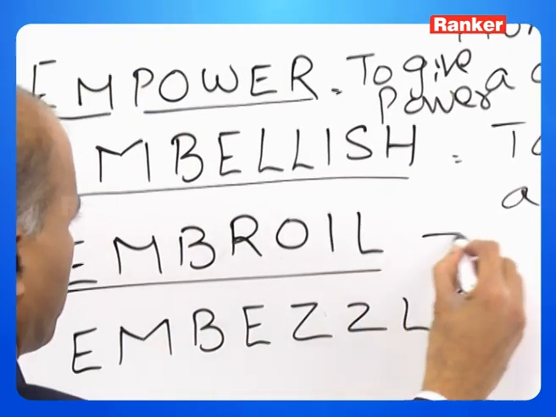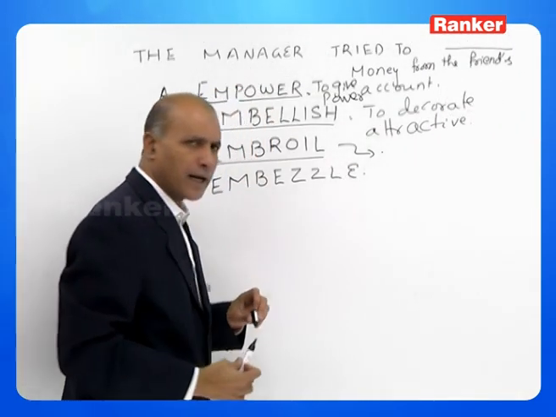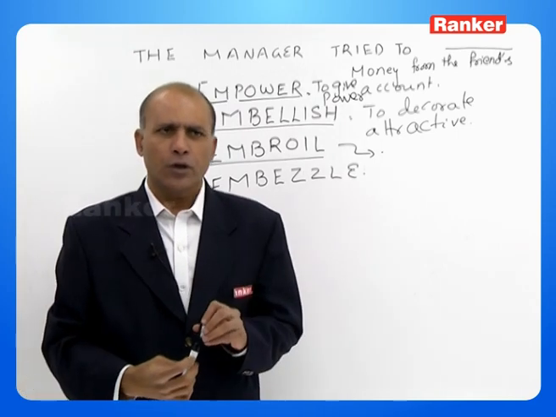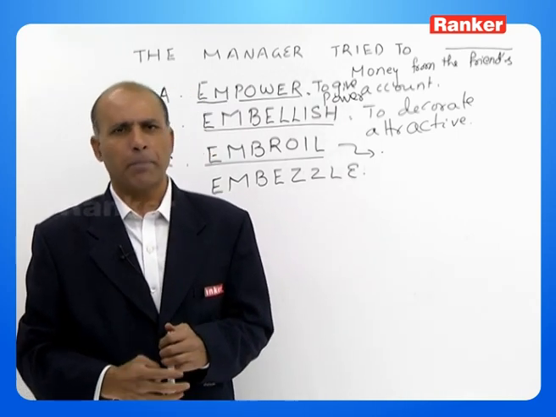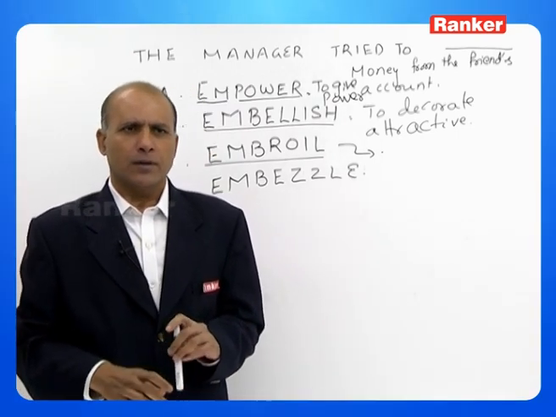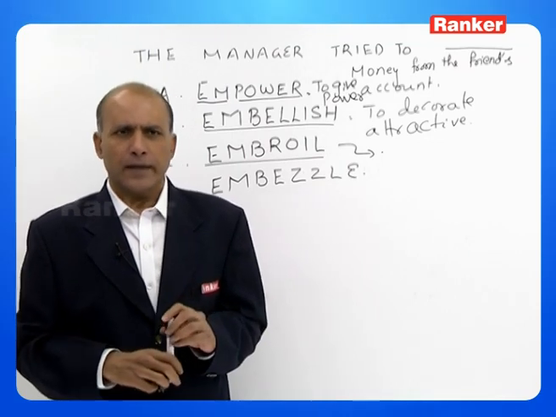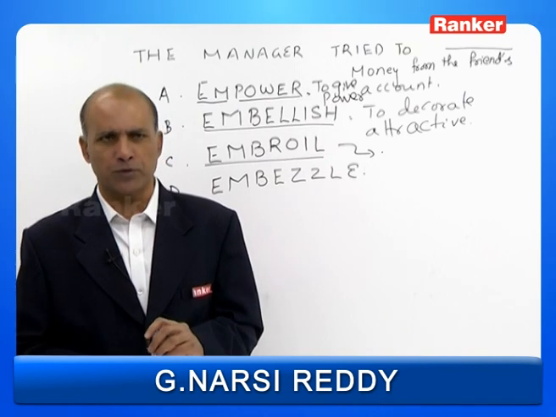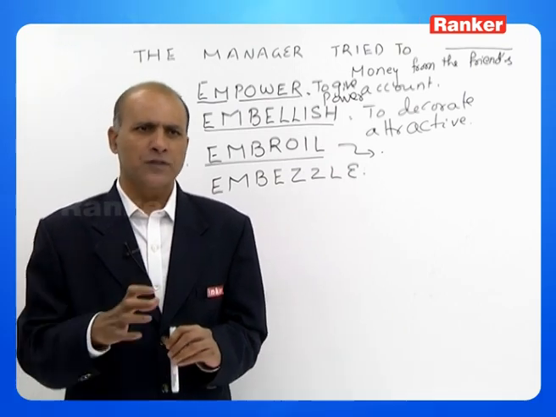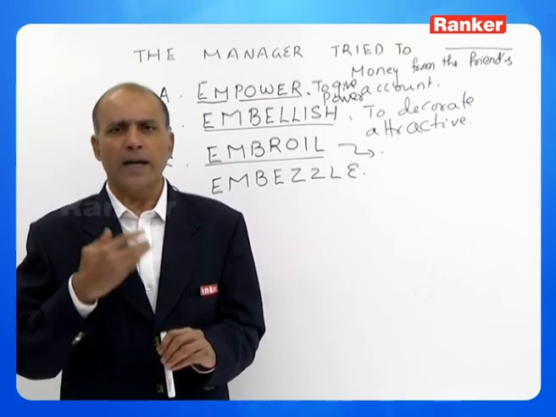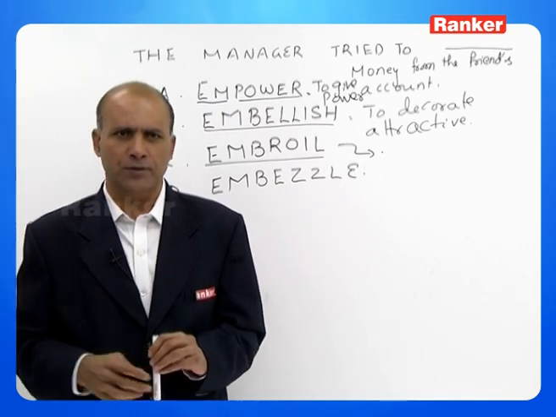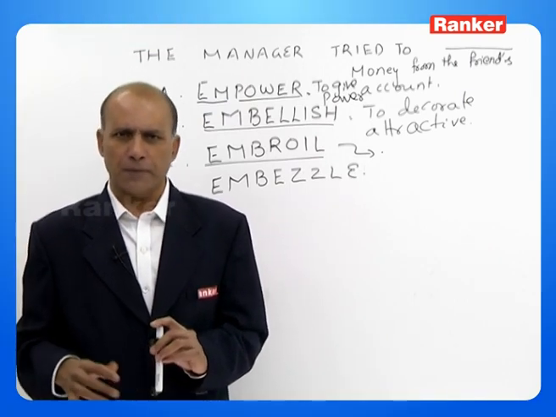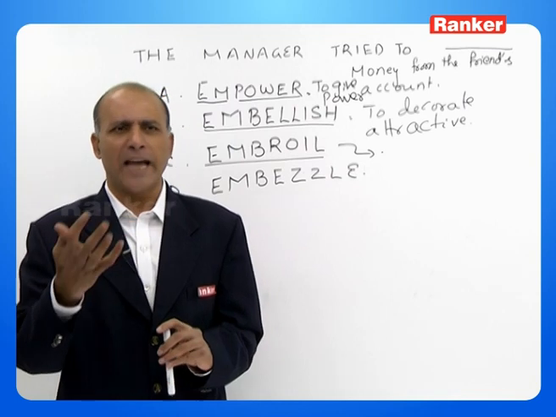Embroil. Embroil is always used when we talk about a problem. This company is embroiled in lot of financial problems. That minister is embroiled in lot of controversies. This politician is embroiled in scams.